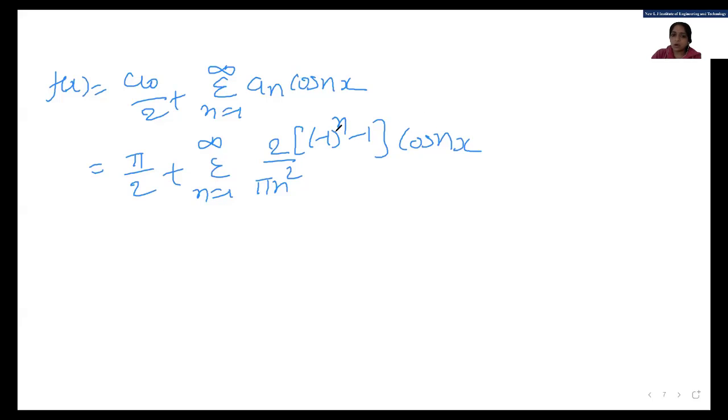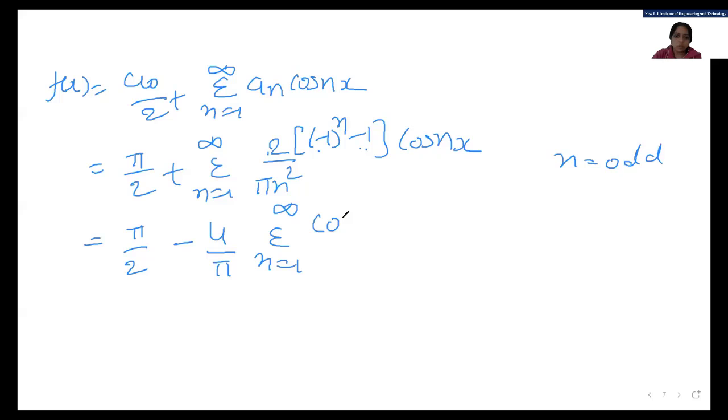And for odd n, it is minus 1 minus 1, it is minus 2, minus 2 into 2, it is minus 4. Students, please listen carefully. For even n, it will be 0. So for odd n, it is minus 4 by pi summation n 1 to infinity cos nx upon n square.